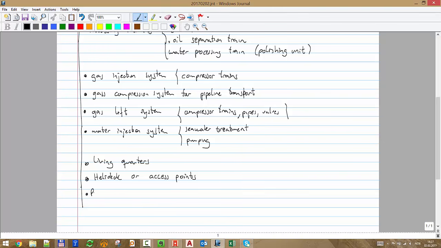You need also power generation, and this is usually done by gas turbines. That, like you know probably, is a combination of a compressor plus a turbine. So you have compressor, you have a burning chamber, a burner, and then you have a turbine.